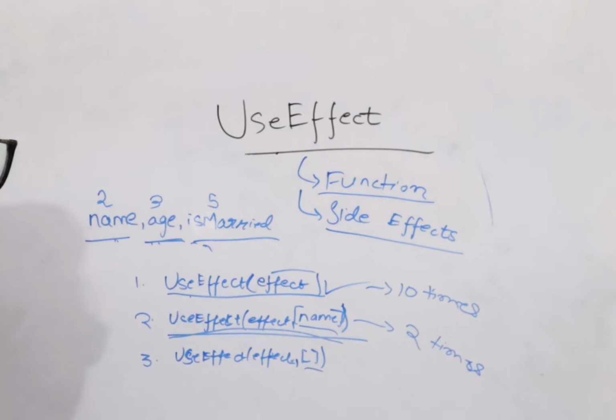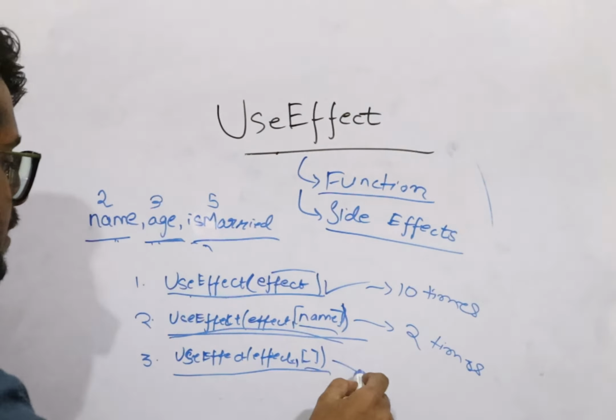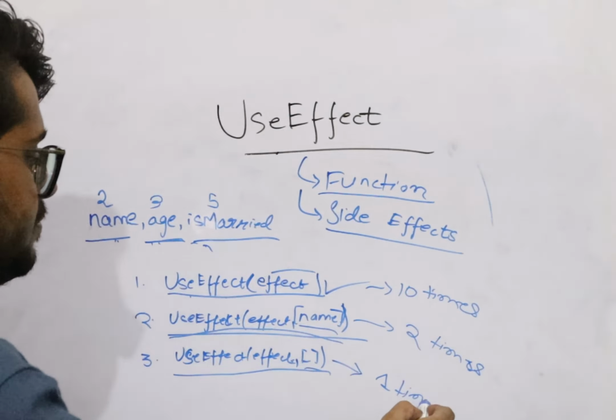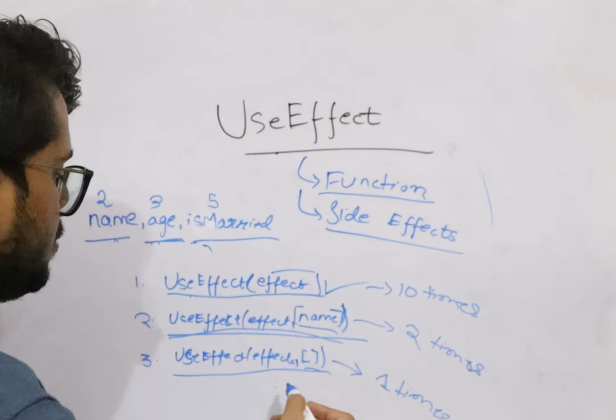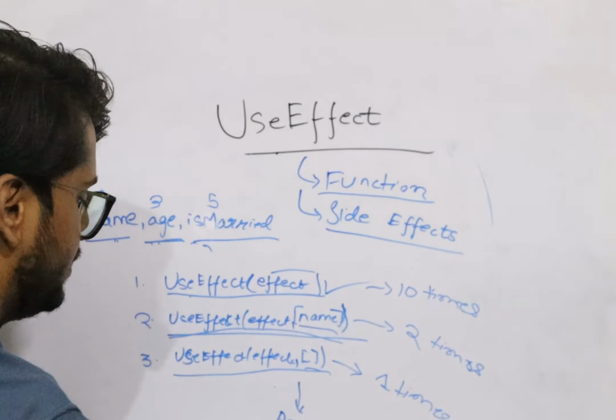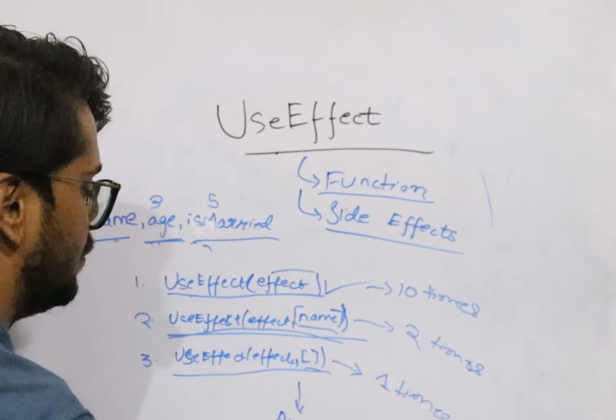In the third case, when the dependency array is empty, this will only trigger on the first page load, one time. So this will run, if the dependency array is empty, only when the page loads.